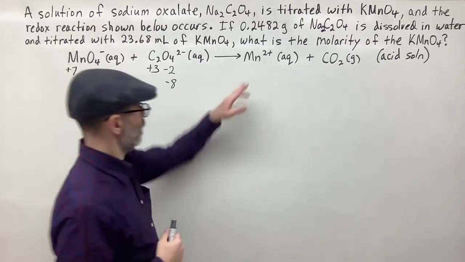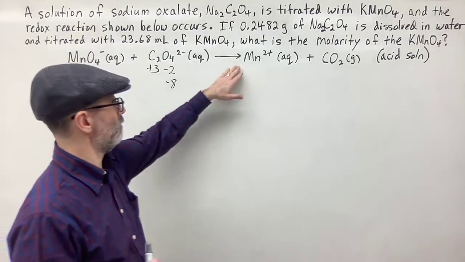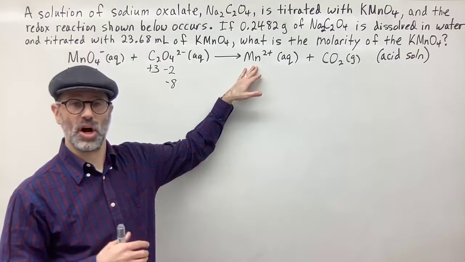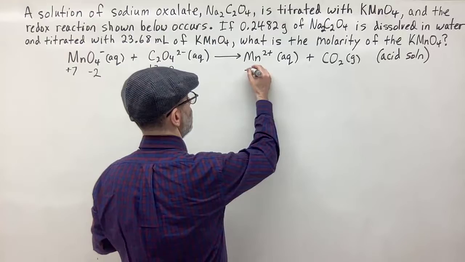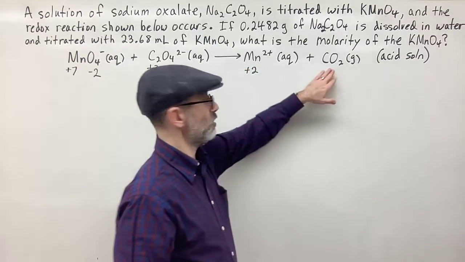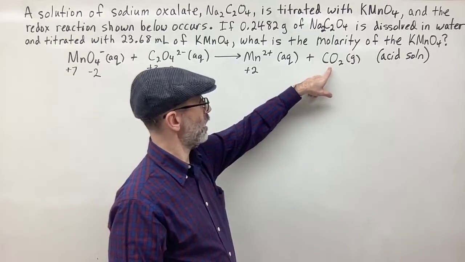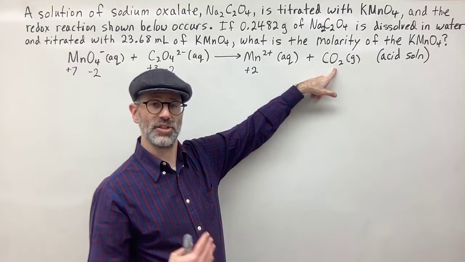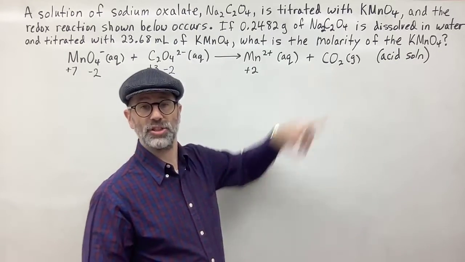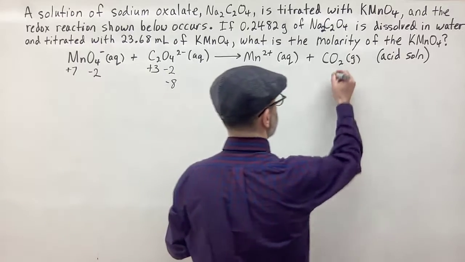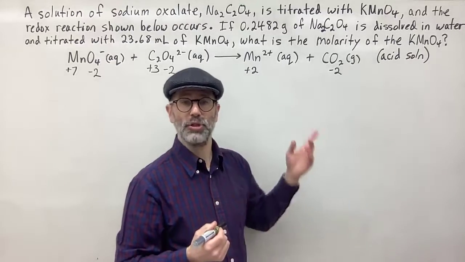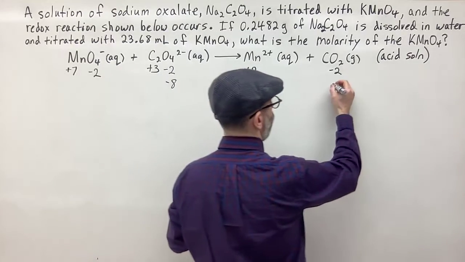Next, we have our products. Whenever you have a monoatomic ion, the oxidation state is the same as the charge on the ion. So here it's a +2 oxidation state. And here, same thing, we're going to start with oxygen because oxygen takes precedence over carbon. We give oxygen a -2 oxidation state. We have two oxygens, so that gives us -4 total.